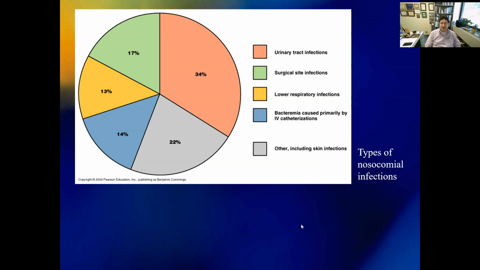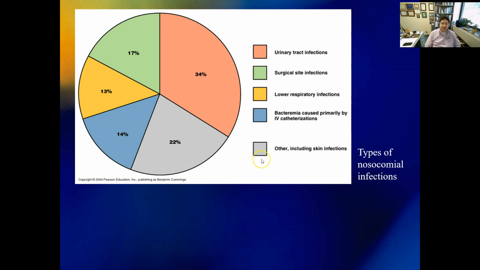Look at this pie chart. All right, as you can see, everyone, most nosocomial infections are UTIs, urinary tract infections. But then we have others, including skin infections, surgical site infections, respiratory tract infections, and bacteremia. That's bacteria in the blood.